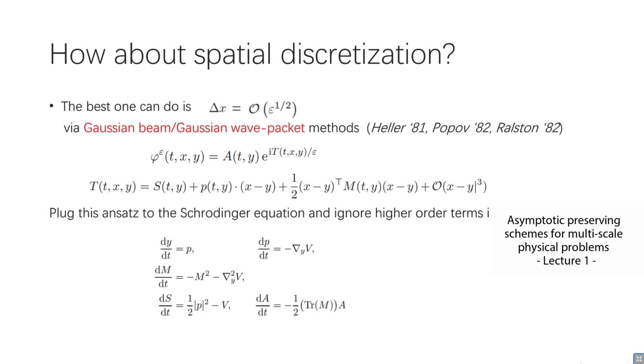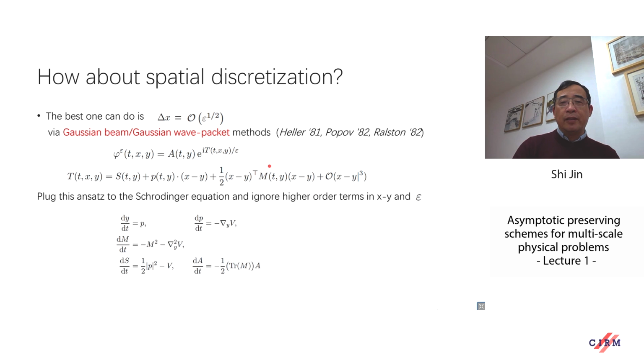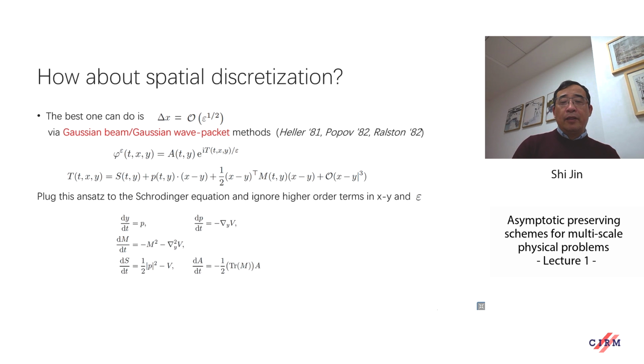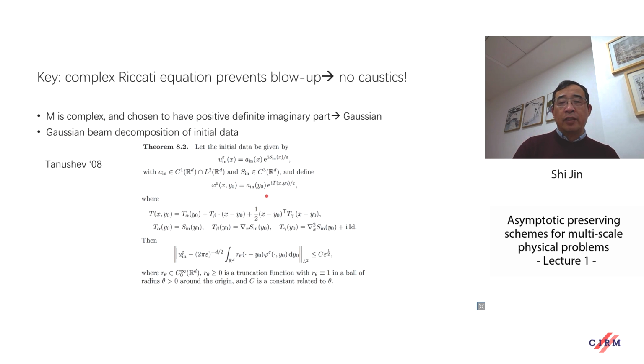If you have a positive definite imaginary part and you plug it in here, this thing will look like a Gaussian, because the imaginary part is positive definite, so you get e to the minus something, which looks like a Gaussian. That's number one. And number two, if it's a complex valued Riccati equation, the solution does not blow up. If M is complex valued, the solution will never blow up. That's another feature of this Gaussian beam method.